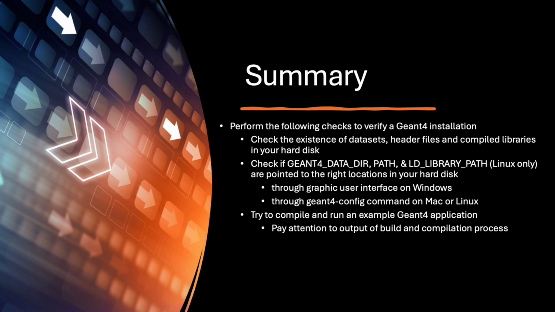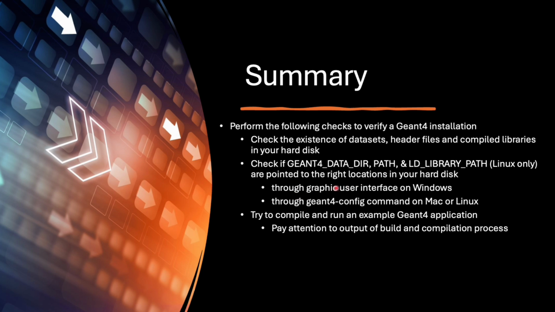To summarize, please perform the following checks to verify your Geom4 installation. First, check the existence of datasets, header files, and compiled libraries in your hard disk. Second, check if the environment variables, Geom4 data dir, path, and the LD library path are all pointed to the right locations in your hard disk.